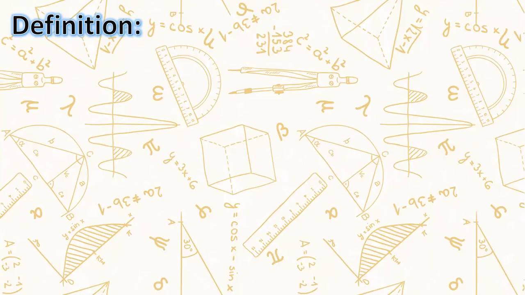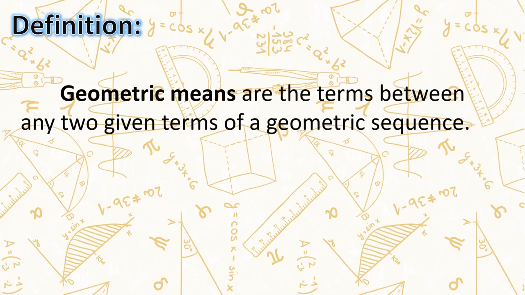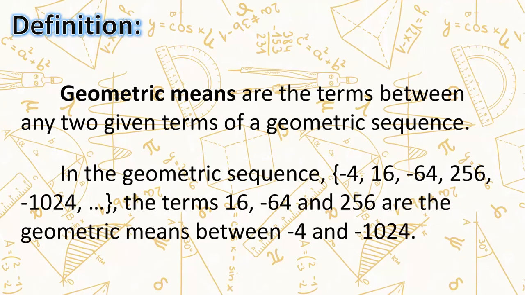And let us proceed to geometric mean or mean proportional. Geometric means are the terms between any two given terms of a geometric sequence. In the geometric sequence with terms negative 4, 16, negative 64, 256, negative 1024, and the pattern continues, the terms 16, negative 64, and 256 are the geometric means between negative 4 and 1024.